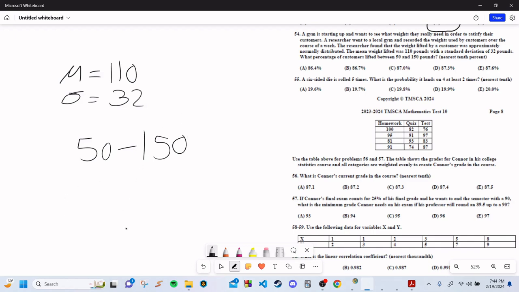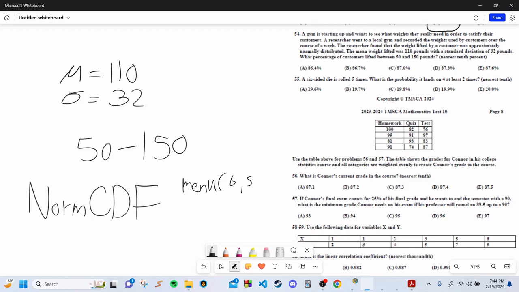So this is an example of doing a normal CDF. So you're going to do this on your calculator. So menu 652. So what is a normal CDF? For something to be normally distributed, that means it looks like a bell curve.